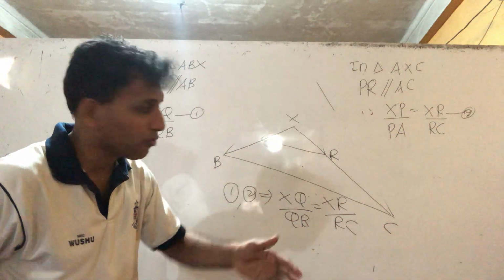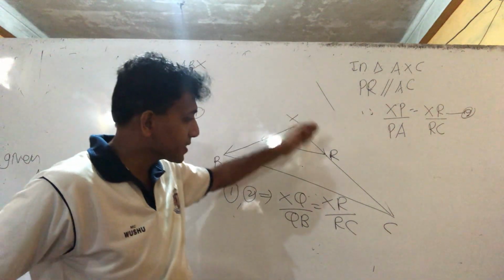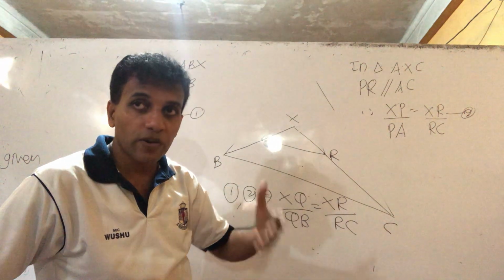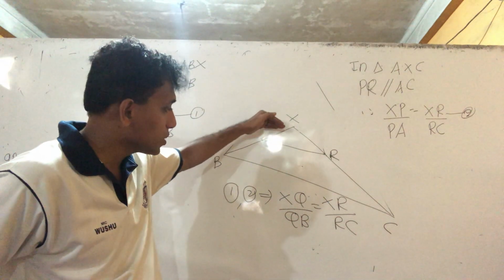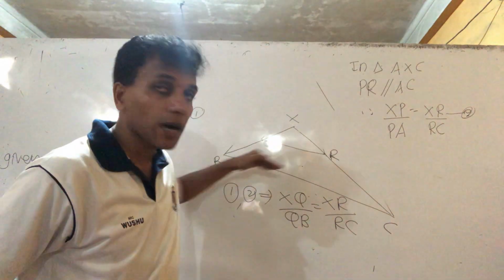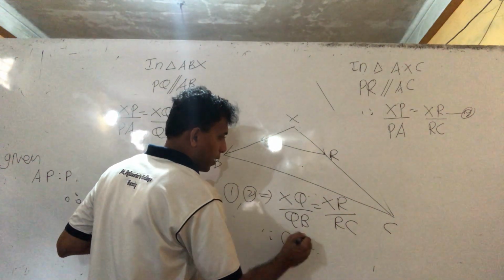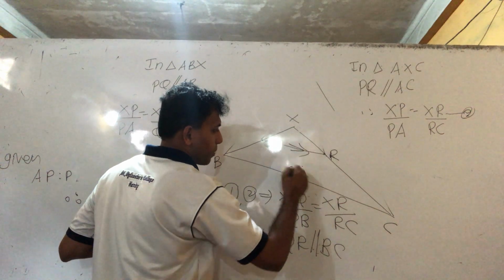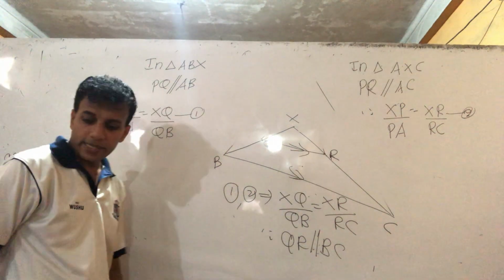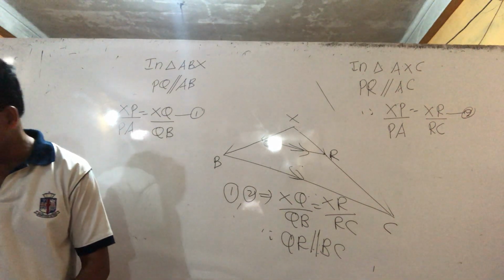What is your result? XQ is to QB equal to XR is to RC. That means by the converse of the ratio theorem, if ratios are true, then lines are parallel. Therefore QR is parallel to BC. That's the method, right? That's the way to prove this question.